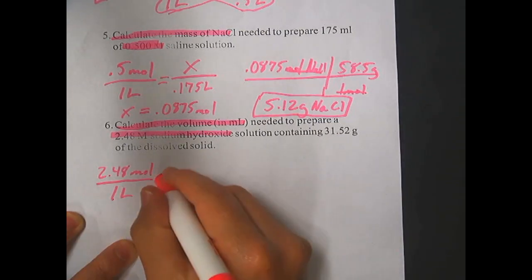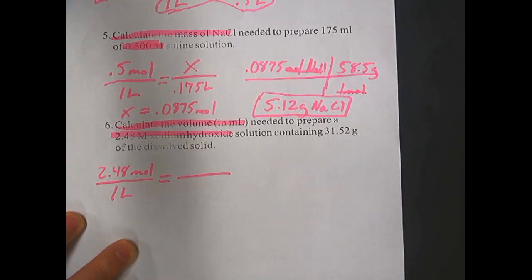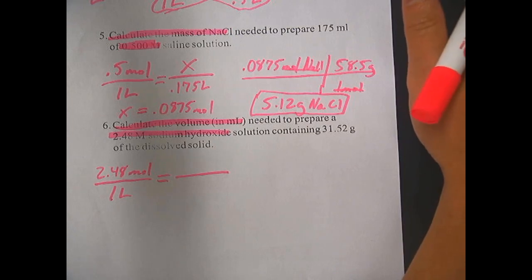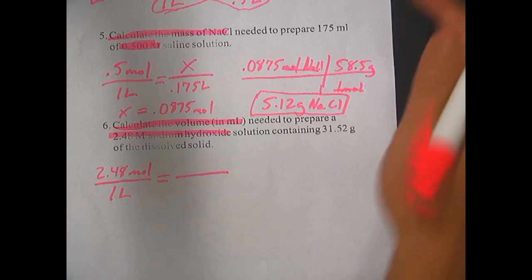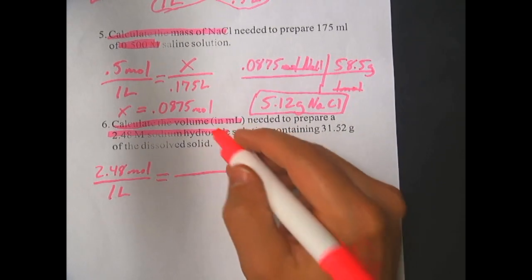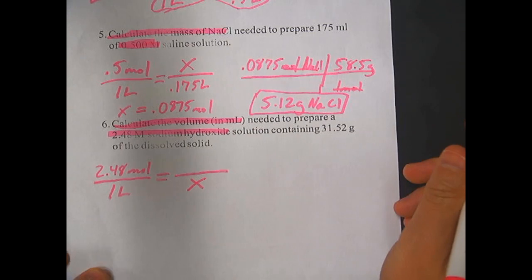Okay? So we set it equal to a second fraction. It says the solution containing 31.52 grams of the solid. All right, well, this is posing a little bit of an issue here because we need moles over liters, right? Well, we already know we're calculating volume, so our X is going to be down here.